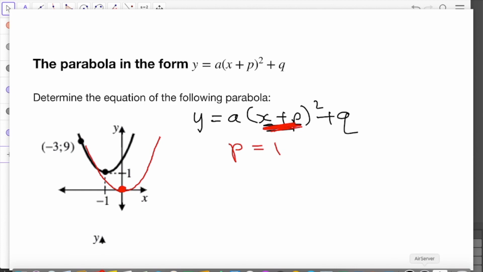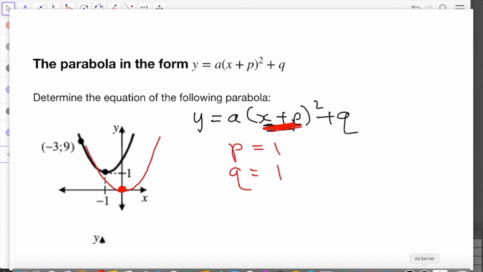And so that graph was shifted 1 unit to the left, and then it was pushed 1 unit up. Therefore, we can conclude that q is equal to 1. So you can tell some of these values straight from the graph without working them out.